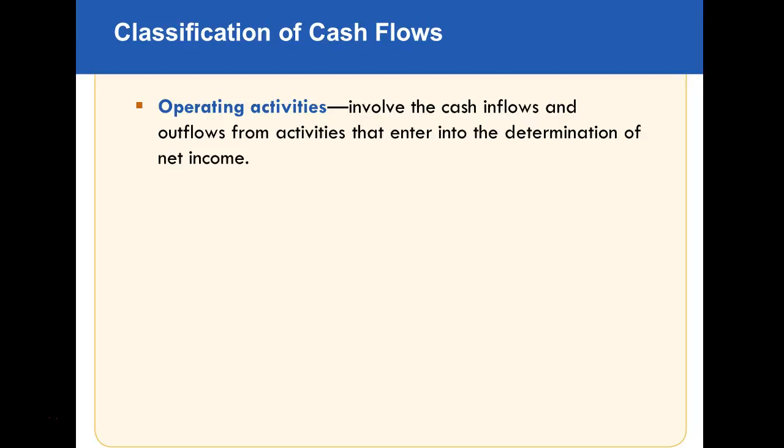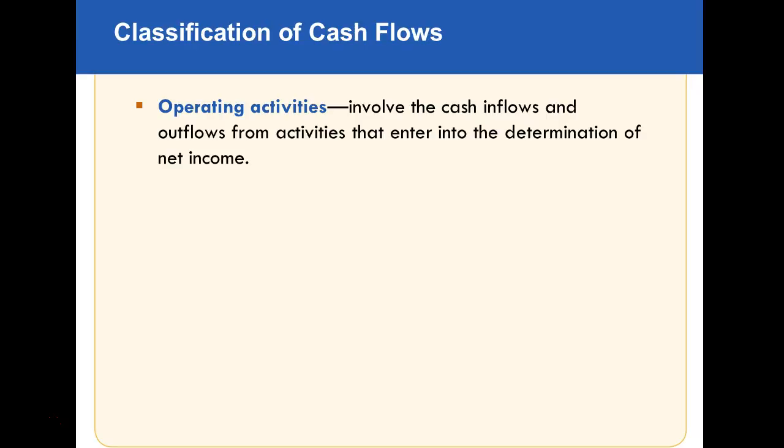One activity is called operating. The reason a company is in business is for a certain operation, to conduct sales. Target, the main reason that company is in business is to sell merchandise. So the operating activities involve the cash monies coming in and going out from activities that determine their net income.